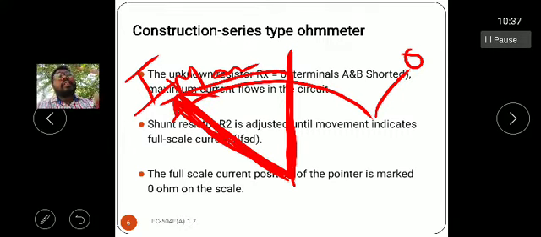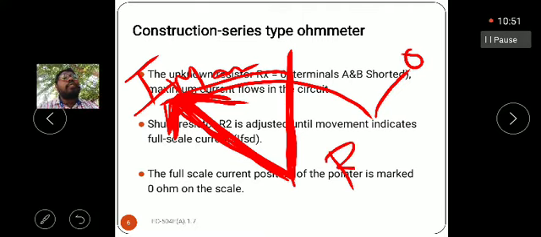The maximum deflection indicates that the resistance connected across terminals A and B is 0. If the unknown resistance value is 0, the maximum current flows through the circuit, the full scale deflection is maximum, and the full scale current position of the pointer is marked as 0 ohms.